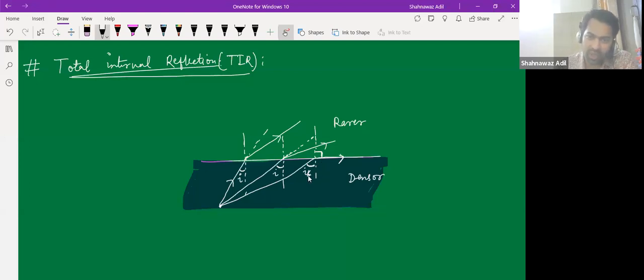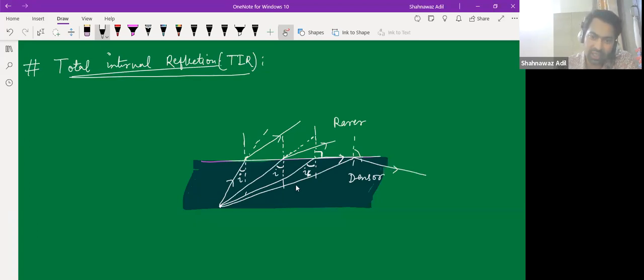Now, when you increase your angle of incidence more than this critical angle, what will happen? Then the light will bounce back from this surface. It will reflect from this surface.